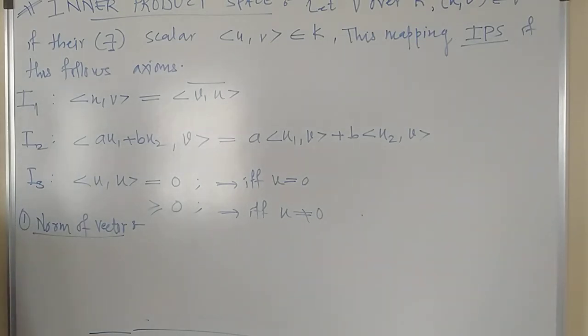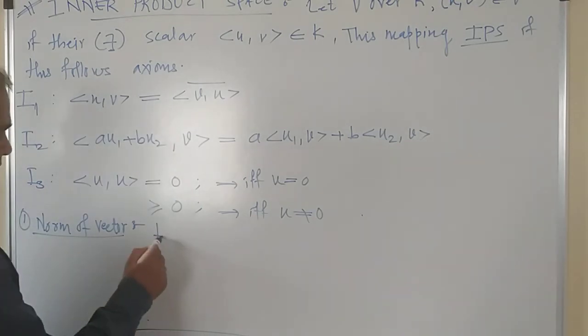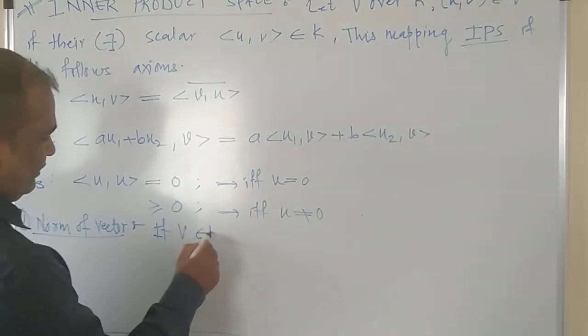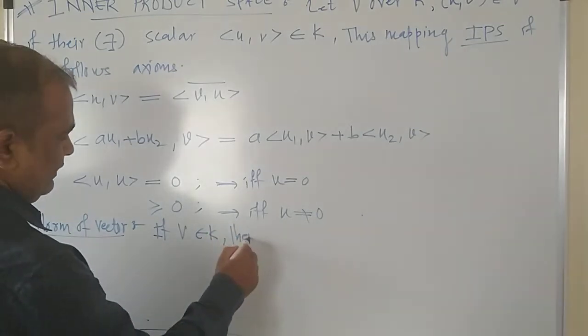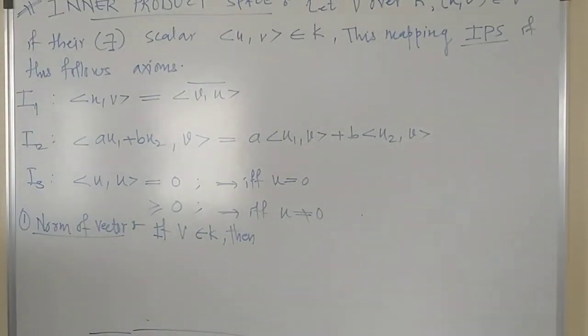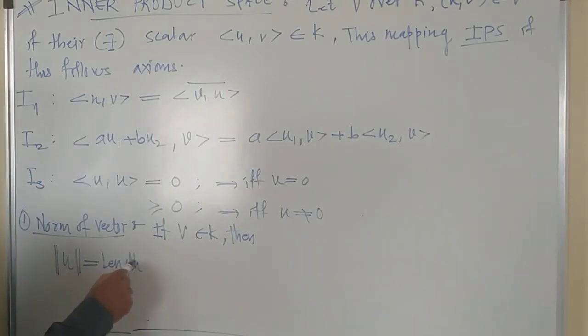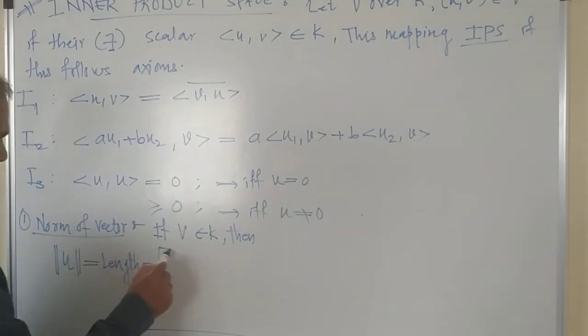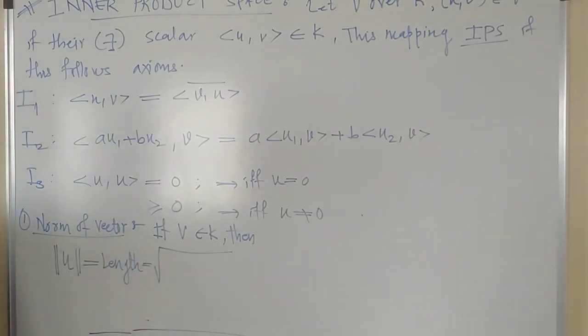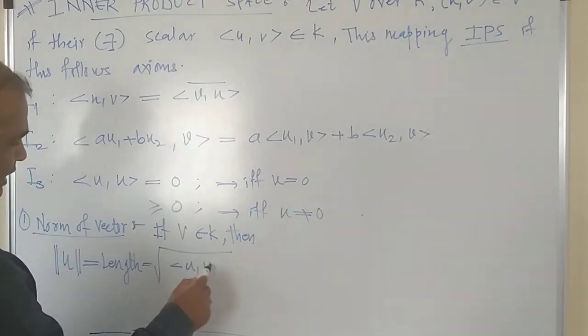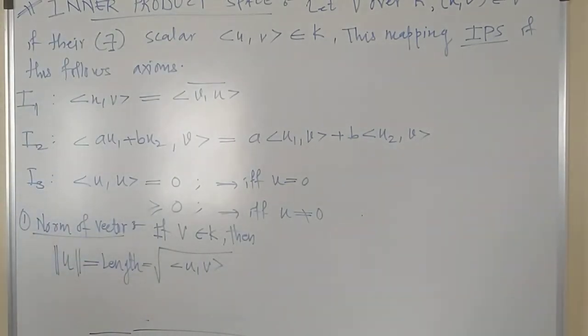If V is the vector space over K, and small u and small v are two vectors which belong to V, then the norm of the vector is denoted by this sign. The norm gives you the length, and it is given by the square root of the inner product of the vector with itself.